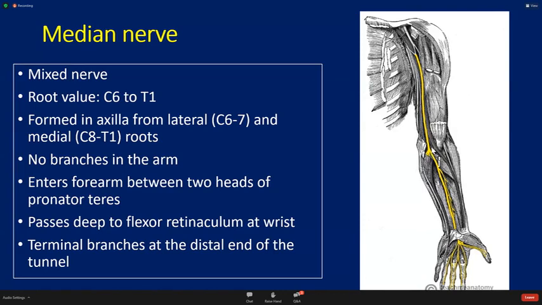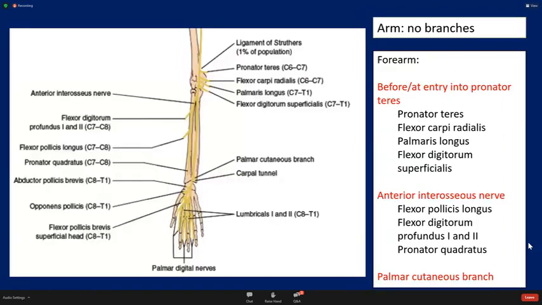At the level of the elbow, after it gives off a few branches, it enters the pronator teres muscle. It goes along almost the middle of the forearm and then enters the wrist through the carpal tunnel, that is deep to the flexor retinaculum, and beyond that it branches into its terminal branches.